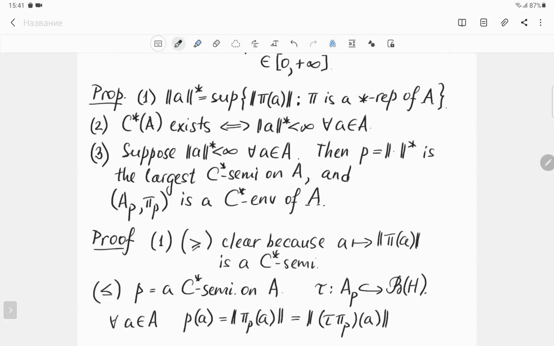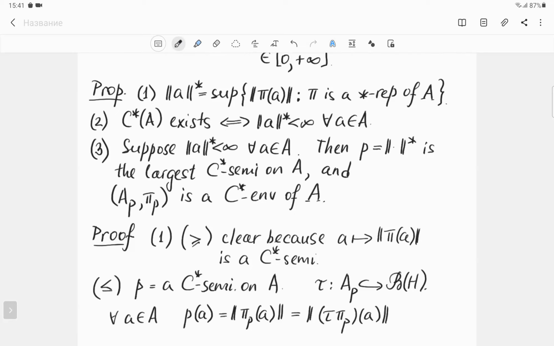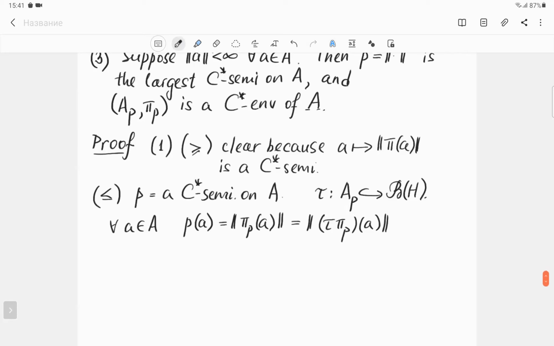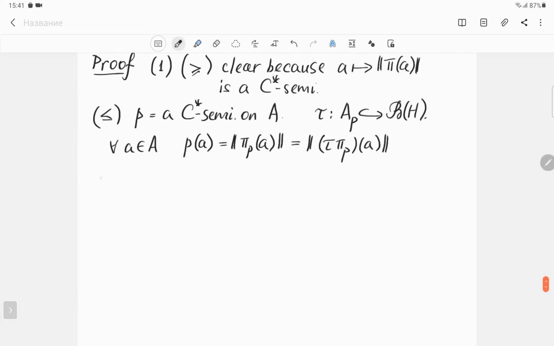Okay, so let's now look at property 2. First of all, we prove the left-to-right implication. So suppose that the C star envelope of A exists. Again, we take an arbitrary C star semi-norm P on A, and we look at the following picture.